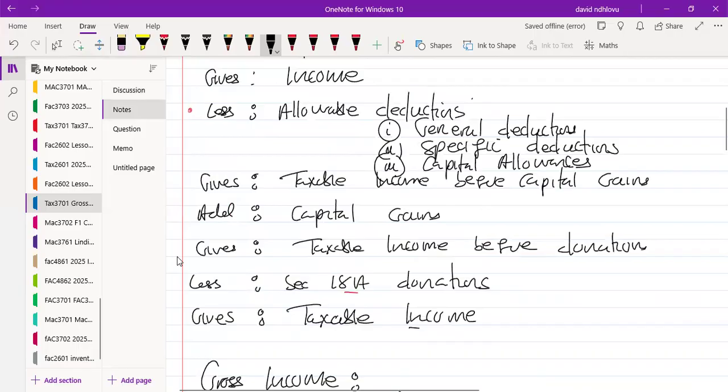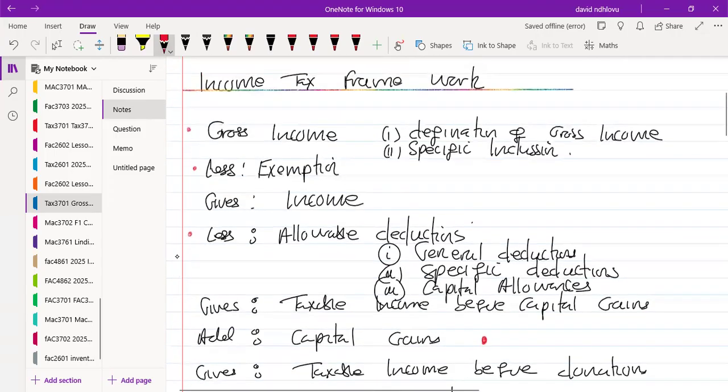You see, they say at some point, add capital gain, which means it's going to contribute there. You are going to be taxed on the extra amount that you earned, which is capital gain, but it is not included in gross income at all because it has got its own slot elsewhere. That is the capital gain in that calculation.